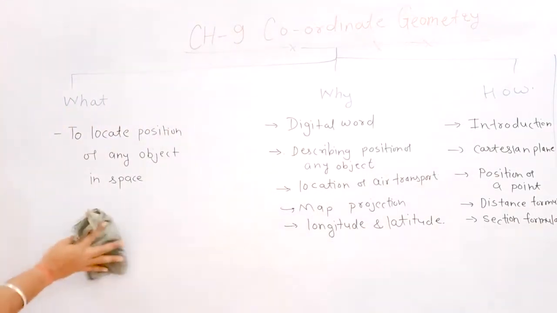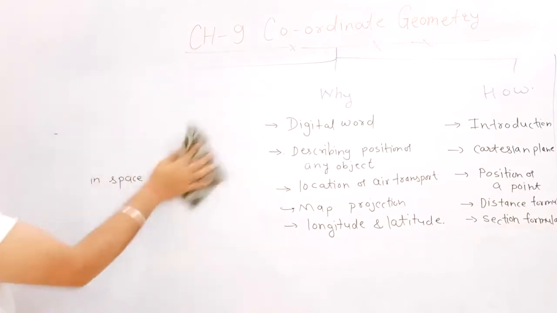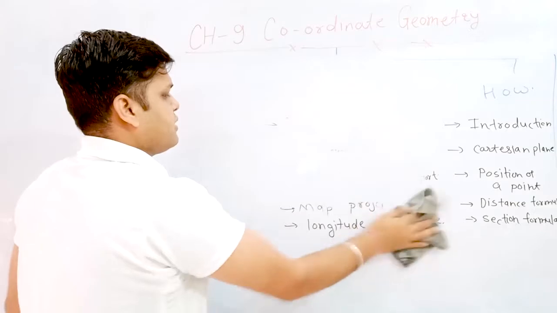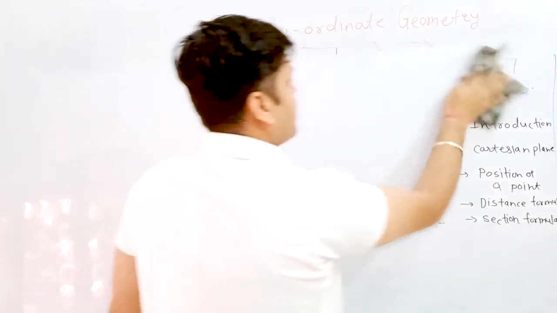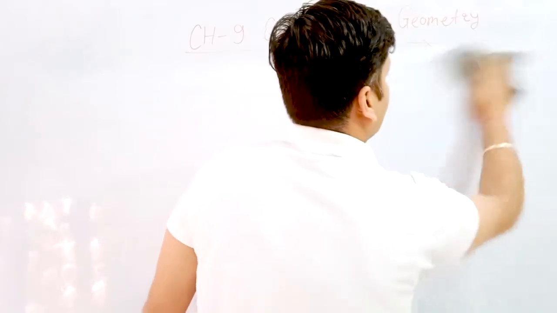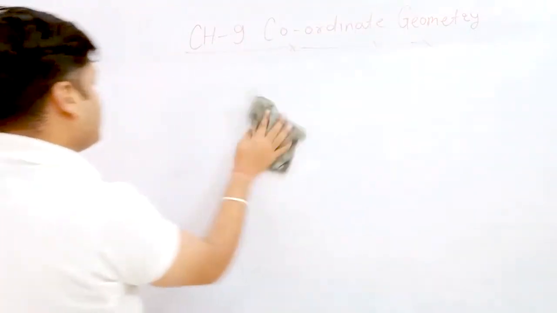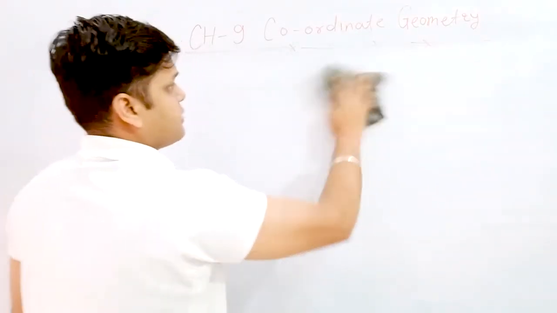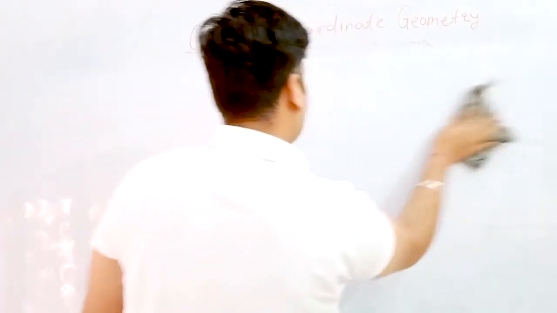What is coordinate geometry? It is a branch of mathematics which describes the position of any object. And why do we use coordinate geometry? We discussed many uses of coordinate geometry.